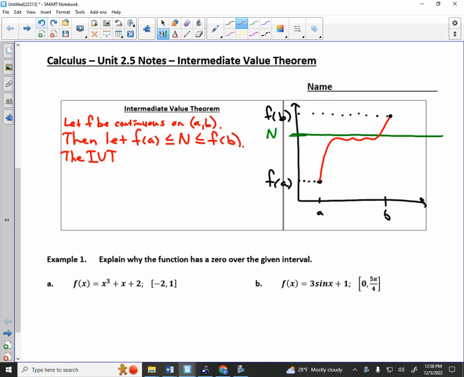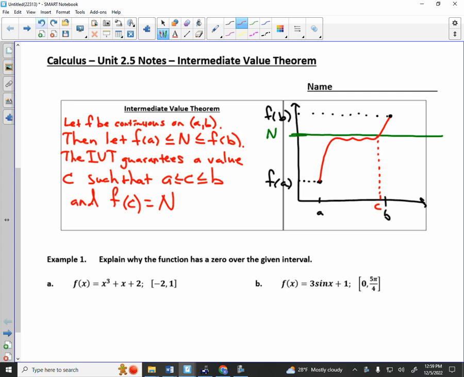The intermediate value theorem guarantees a value c such that a is less than or equal to c, which is less than or equal to b, and f of c is equal to n.